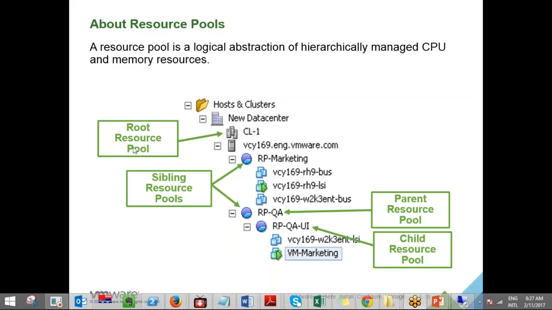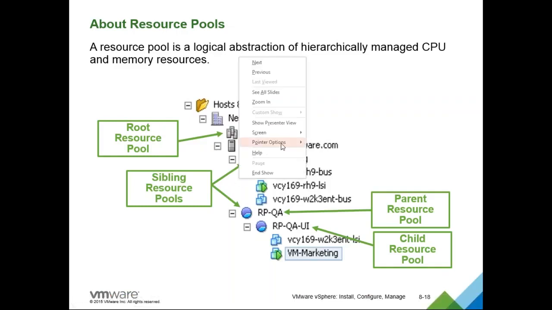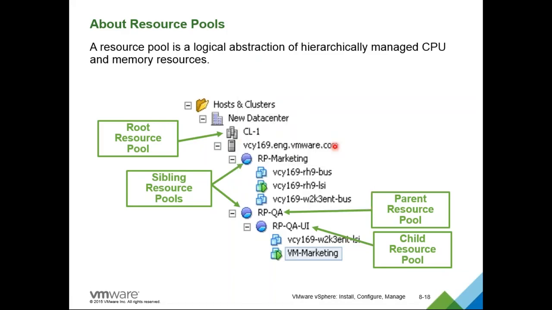The slide illustrates that you can create a root resource pool under your ESXi cluster. Once you have created the root resource pool under your ESXi cluster, you can create additional resource pools, or child resource pools, on your ESXi host under whatever cluster is there.